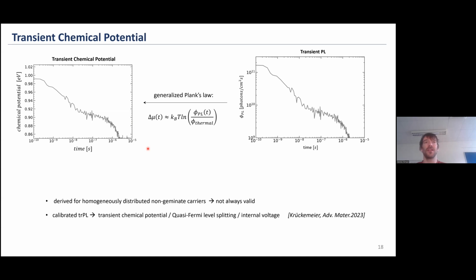That means if you have such a calibrated trPL setup, you measure a transient chemical potential, or transient quasi-Fermi-level splitting, or transient internal voltage. Basically, it's all the same. For example, this was already done by Krückemeyer. And now we can start to analyze what these decays of the chemical potential actually are.